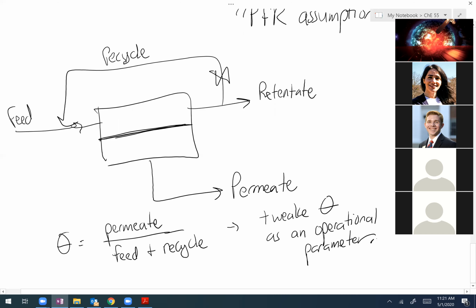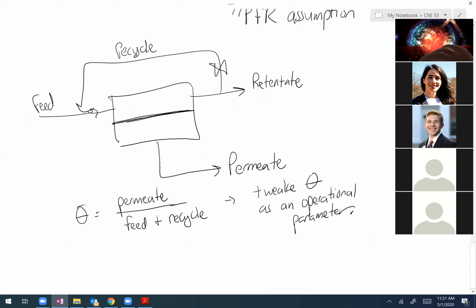Right? It doesn't give you a big window, but it gives you a window in terms of how you can now make this a process parameter instead of being fixed by the conditions of the membrane and the module itself. Right? Now in this case, I can lower the stage cut as I want, if it becomes advantageous.